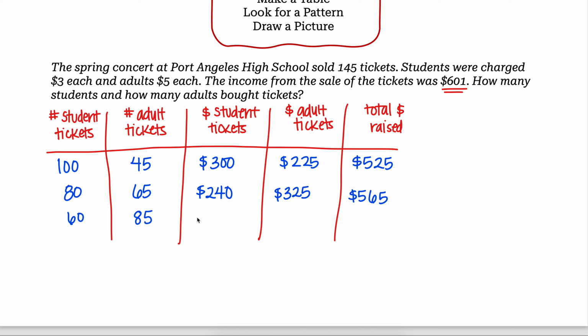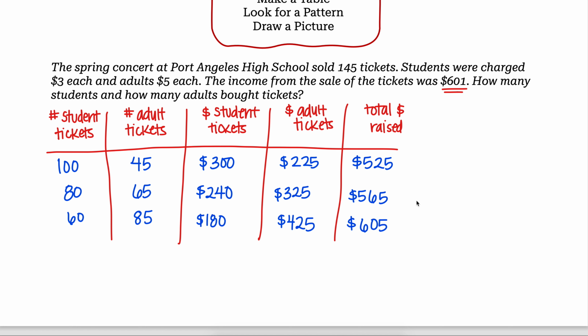60 times 3 is 180. 85 times 5 is $425. And 180 plus 425 is going to equal 605.